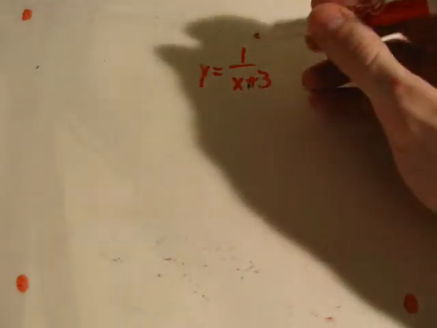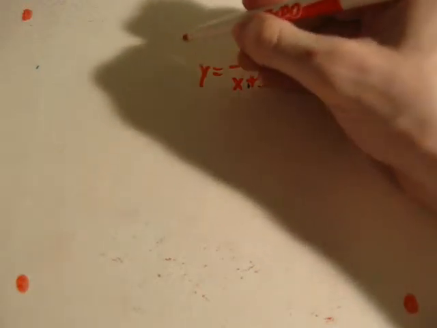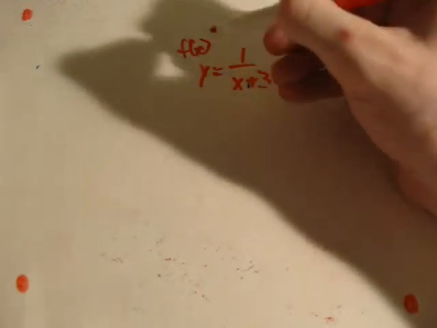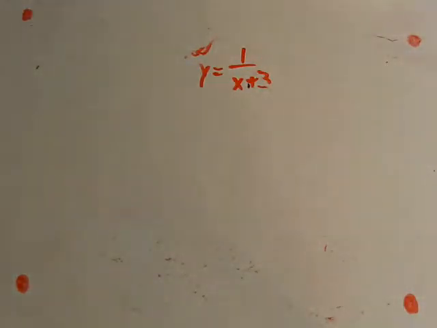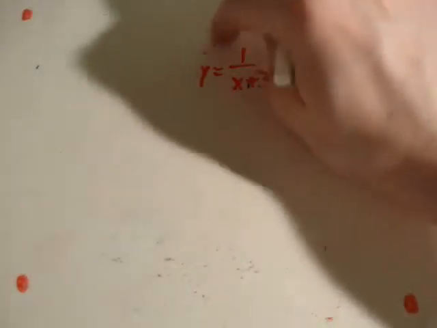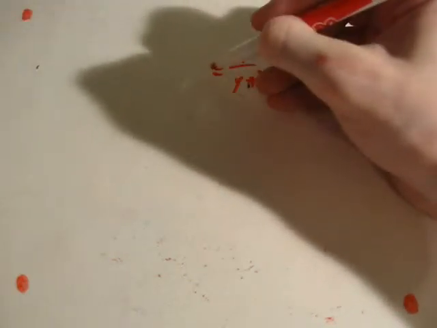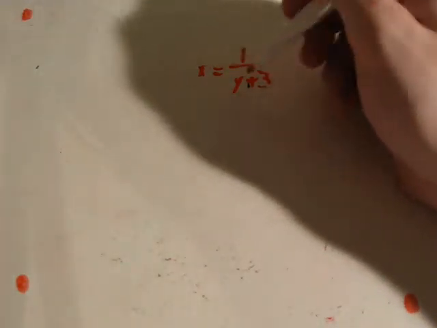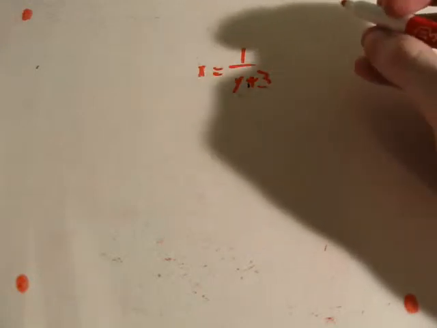Now, how does this work? First, if there's an f of x here, just switch it out for y. Makes it easy on you. Then we take our y and replace x with it, and the two teleport to the other side of the problem, and now we're ready to go. Now we have to solve for y again. This will be our inverse function.